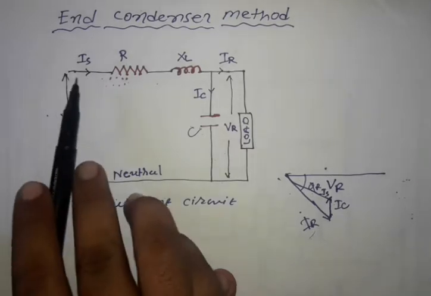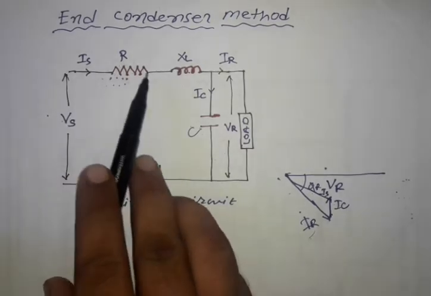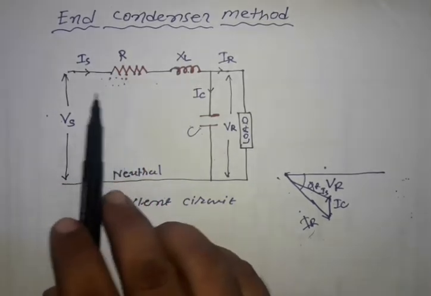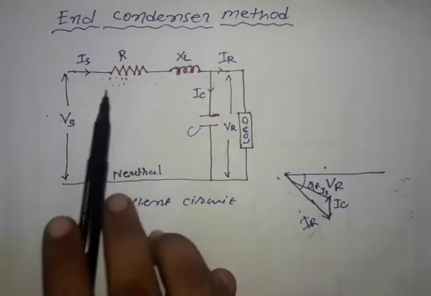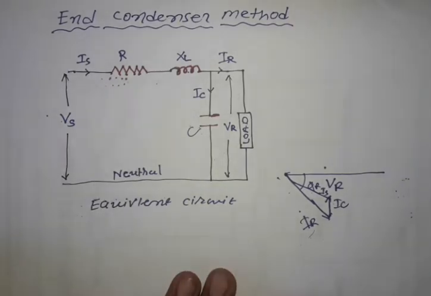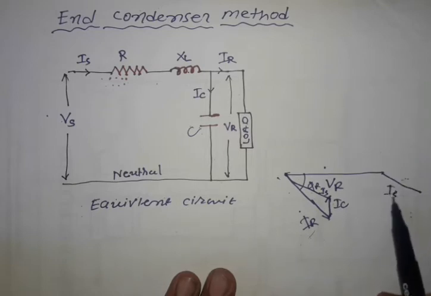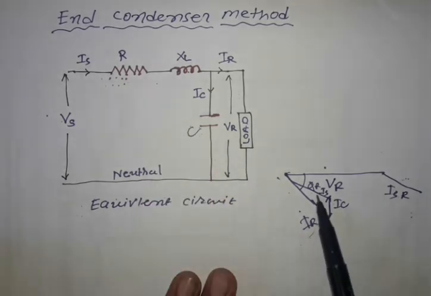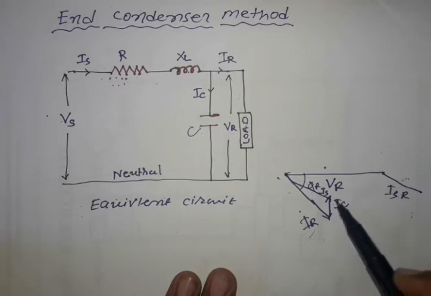Now the sending end current is flowing in the impedance. First of all we draw a line for the resistive drop, and we know the resistive drop is parallel to the current. So here is the current IS, and we draw the line parallel to IS, which is IS into R. Now the inductive drop is at 90 degrees to the current, so we draw a line at 90 degrees to IS, which is IS into XL.